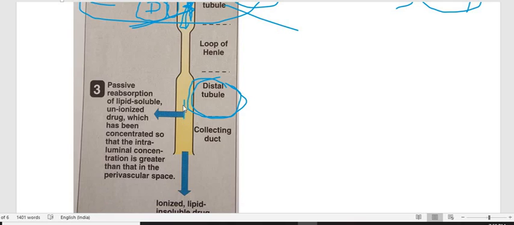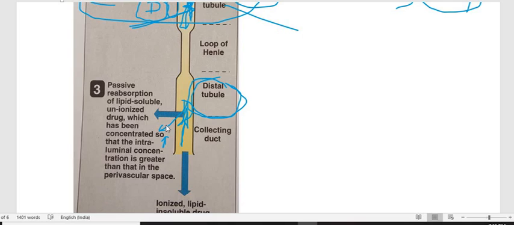The drug that reaches the lumen, the concentration of the drug in the distal tubule or collecting duct, keeps rising. When the concentration of the drug in the lumen of the distal tubule becomes higher than in the perivascular space, the drug is going to be reabsorbed.